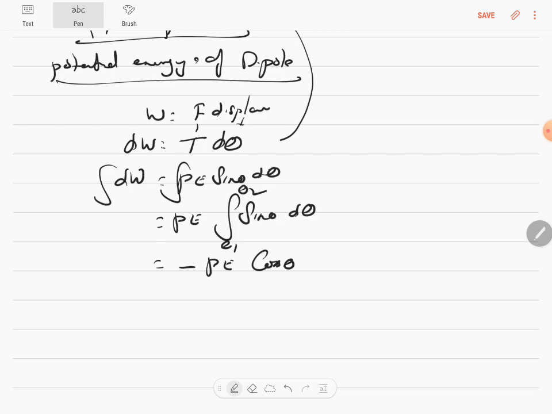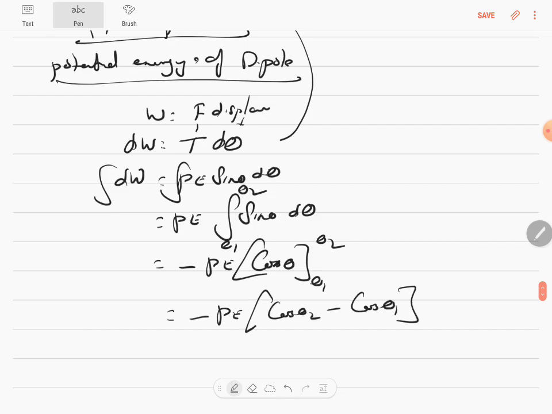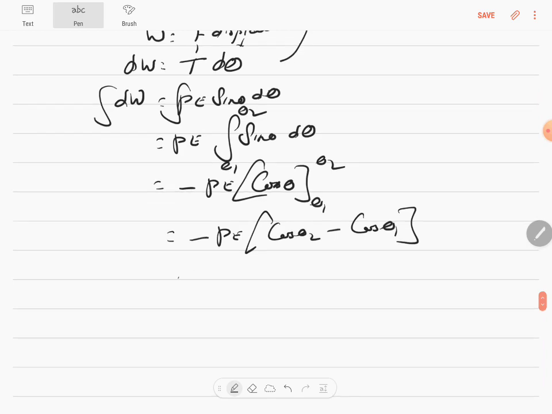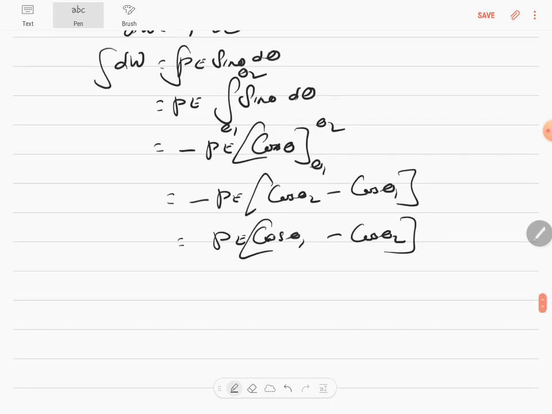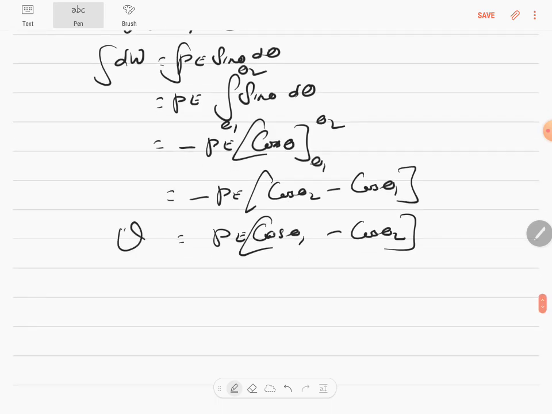Therefore the formula will be minus Pe (cos theta 2 minus cos theta 1), upper limit minus lower limit. If you take the negative sign inside, it will become Pe (cos theta 1 minus cos theta 2). This will be your potential energy.